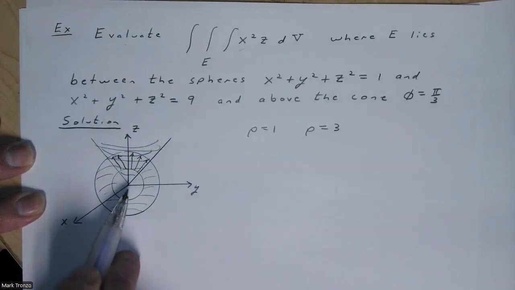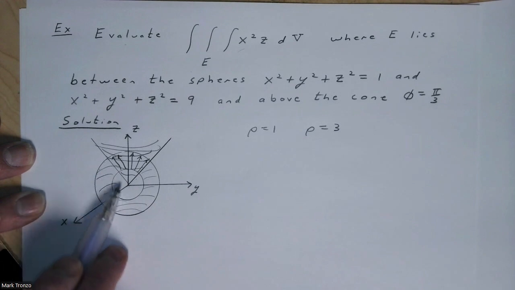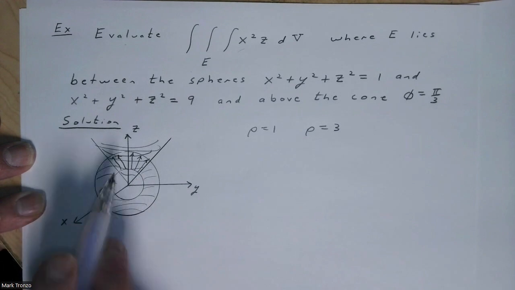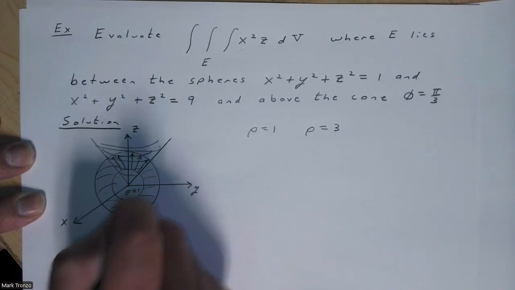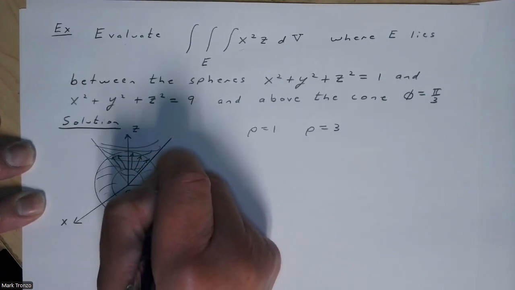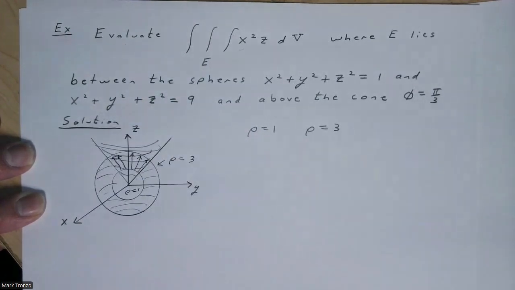In other words, if you imagine taking rho from 0 and making a bunch of arrows in the positive rho direction, you can see that the arrows are going to start down here at rho equals 1, which is the inner sphere, and they're going to end up here at rho equals 3.